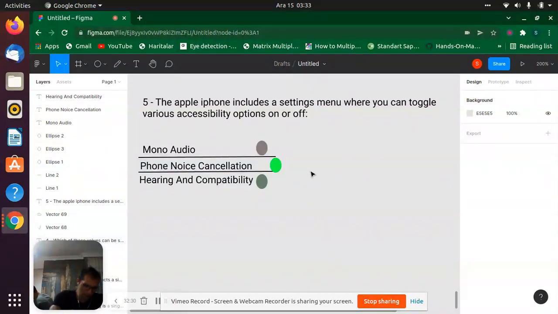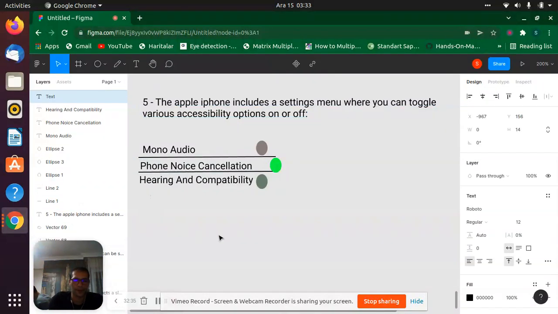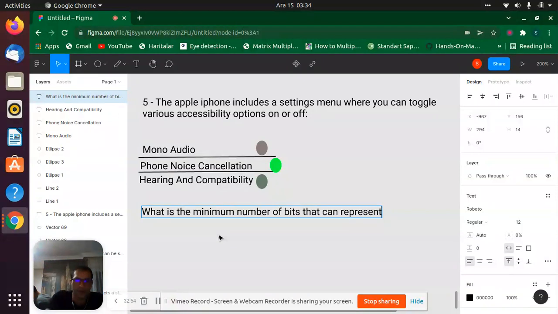Okay, now what we want to do here, so we will say, what is the minimum number of bits that can represent those three options?